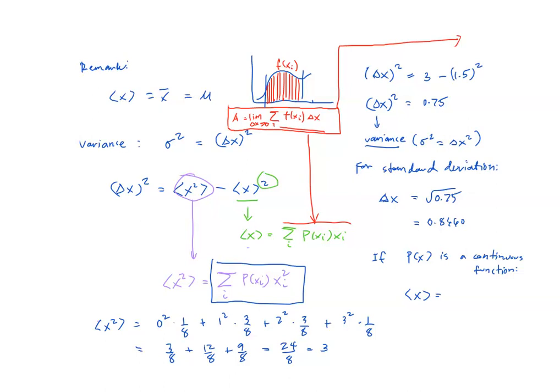Charles? Itong formula na to, if we take the limit as delta x approaches 0, mababago tong formula na to. Magiging ano? Okay, that's okay. Ano bang ginagawa ng summation?